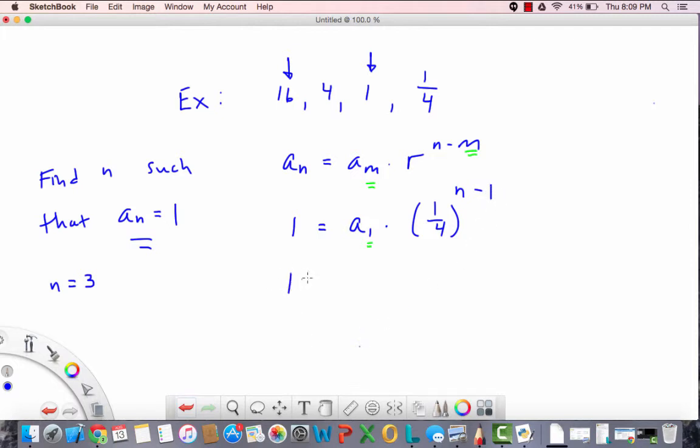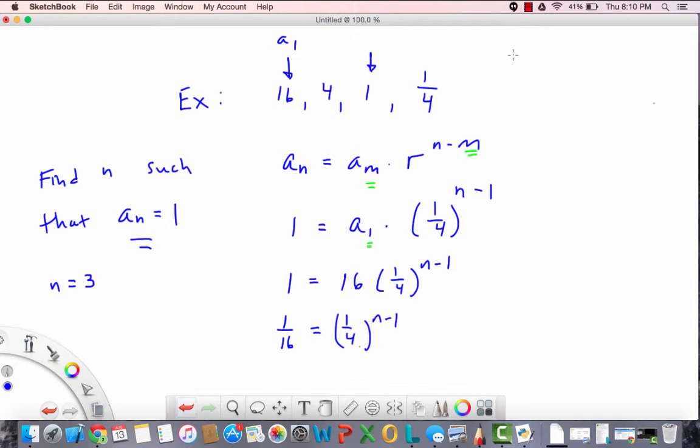So let's keep going. 1 equals a sub 1. This is a sub 1. That's 16 times 1/4 to the n minus 1. Let's divide by 16, so we get 1/16 equals 1/4 to the n minus 1.